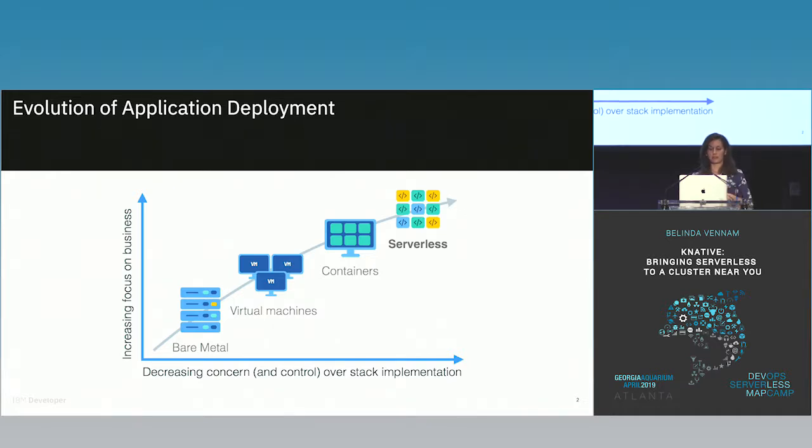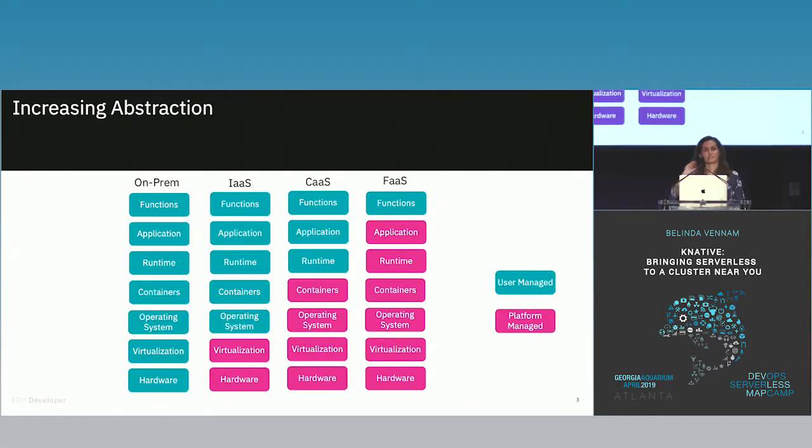So if you do need that additional control, one of the others might be the right solution for you. This is another nice way to visualize those increasing levels of abstraction. As we move through each of those deployment models, like on-premises, infrastructure as a service, container as a service, to functions as a service, there's less and less that the end user is ultimately responsible for.